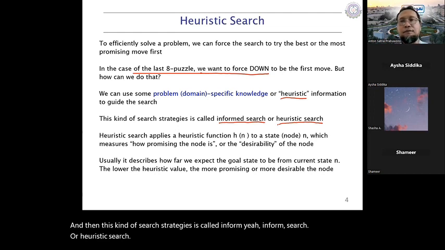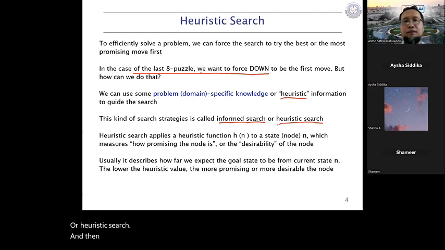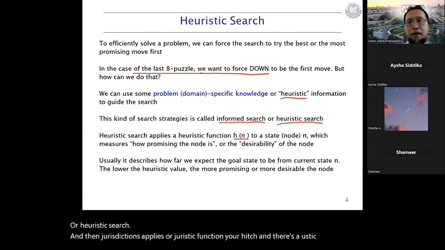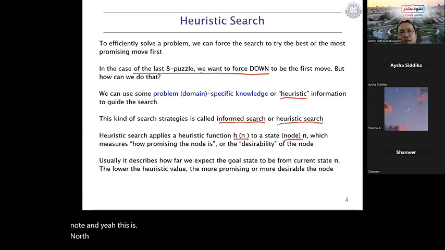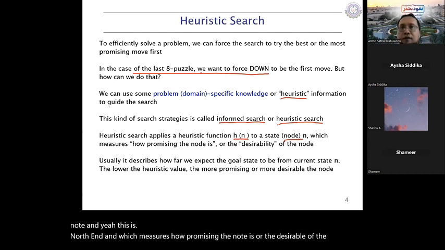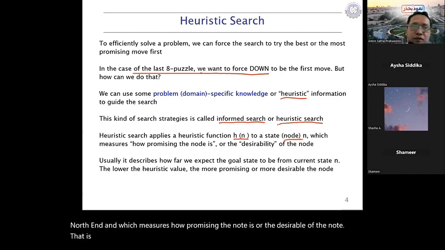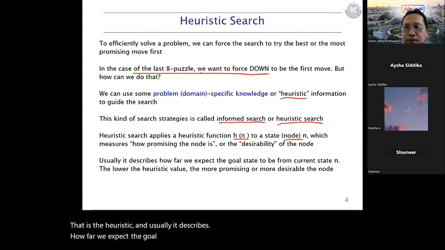Heuristic search applies a heuristic function. h(n) is a heuristic function applied to state node n, which measures how promising or desirable the node is. Usually it describes how far we expect the goal state to be from the current state n.